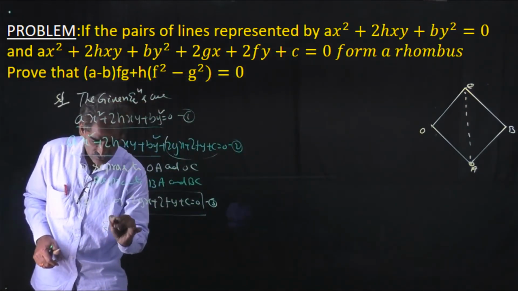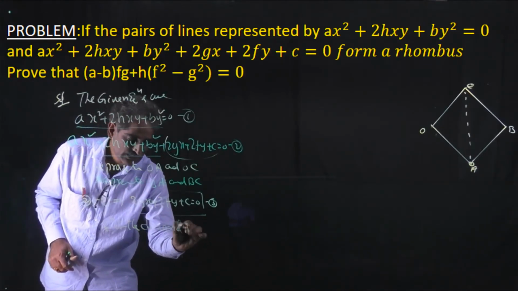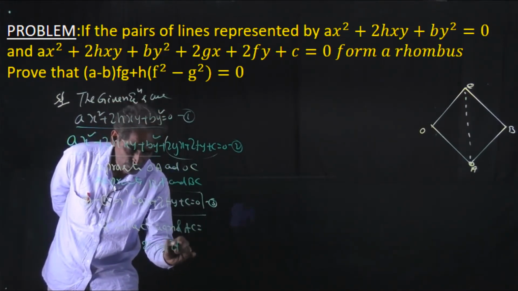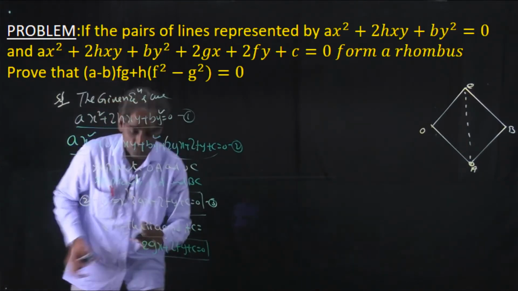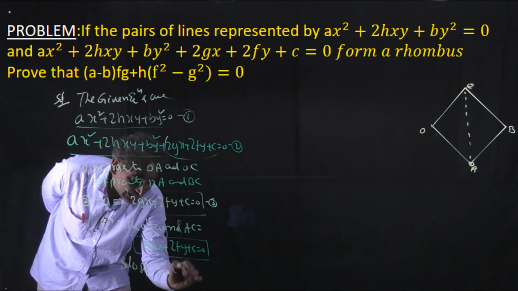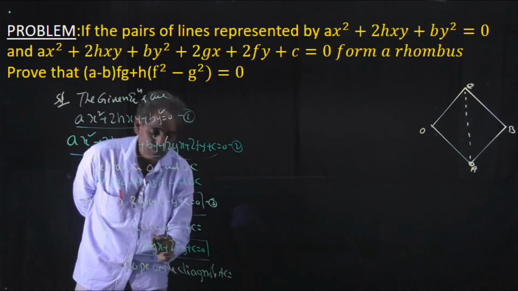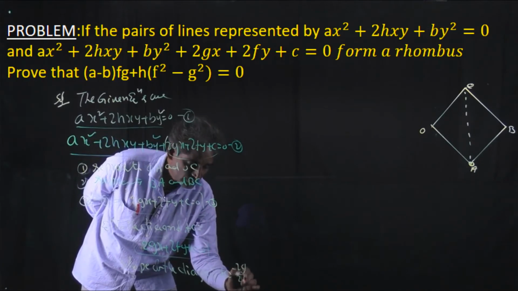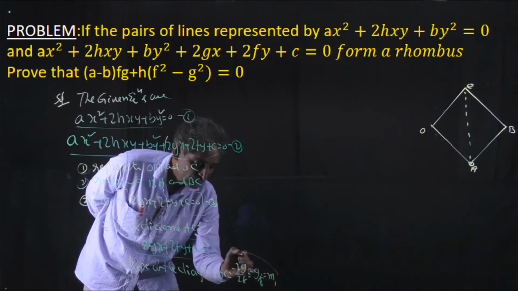The equation of the diagonal AC is 2gx plus 2fy plus c equal to 0. Slope of the diagonal AC is minus x coefficient by y coefficient, which is minus 2g by 2f, that is minus g by f. Let it be m1.